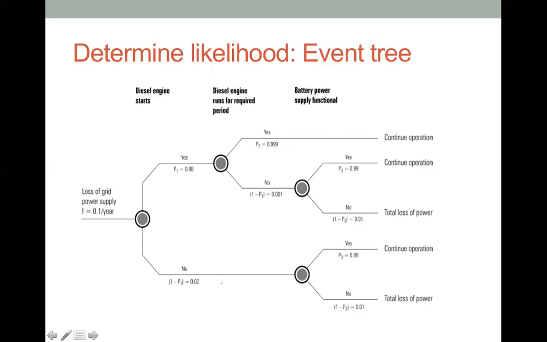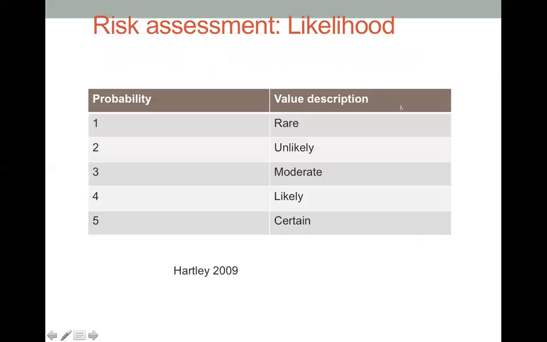Now, 2% otherwise. Then the diesel engine runs for the required period, with almost 100% here, which is quite high. If that's the case, then we can continue the operation. So that tells us the likelihood level as well from the event tree perspective. Again, you need to come up with this likelihood for your assessments, and you can rate them 1 to 5.